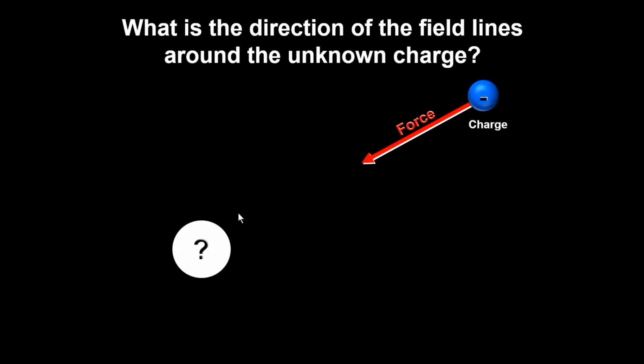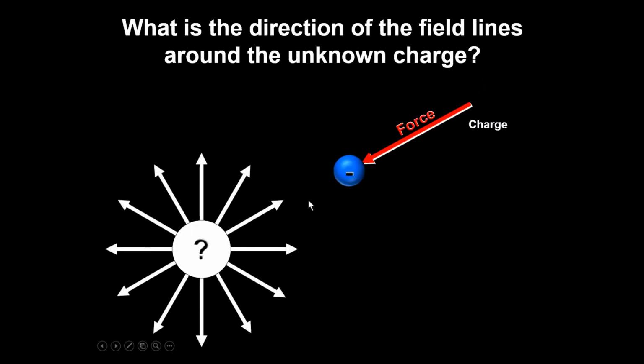Now, you might be tempted to say the field was in toward it, but remember the field is in the same direction as the force put onto a positive charge. Here I had a negative charge. So if a negative charge experiences a force in that direction, a positive charge would have experienced a force in the exact opposite direction. So the field must have been pointing away from it.